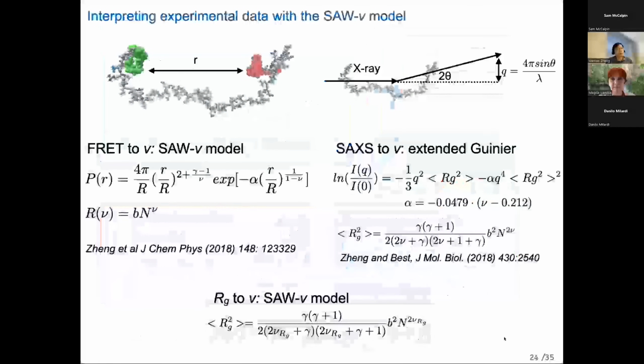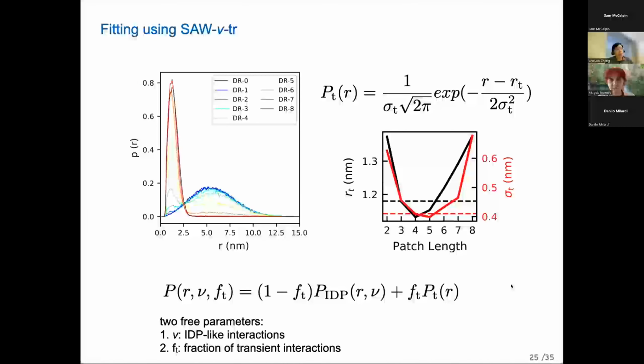With these two models, we can try to analyze and fit these DR series peptides. Because the Gaussian distribution has a lot of free parameters, including the center and the standard deviation of the Gaussian, we find that by fitting from DR2 to DR6, we can roughly use an average center and standard deviation, and still capture the peak position of the transient interactions. So we can effectively reduce the number of parameters for this model.